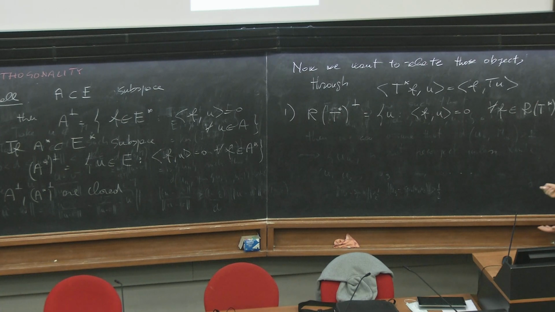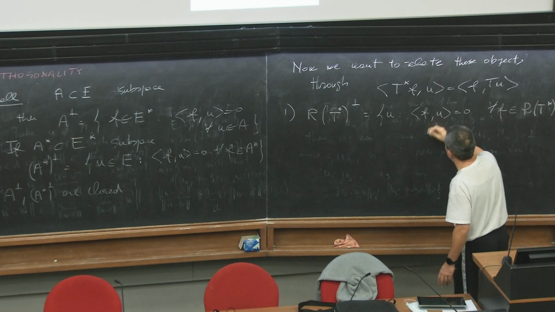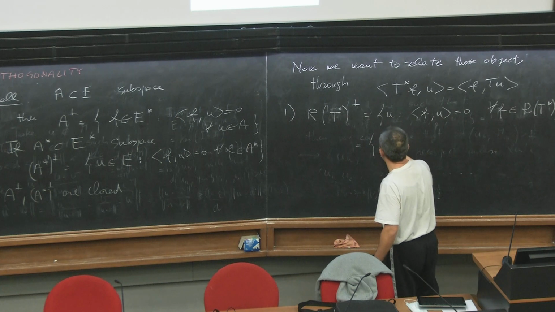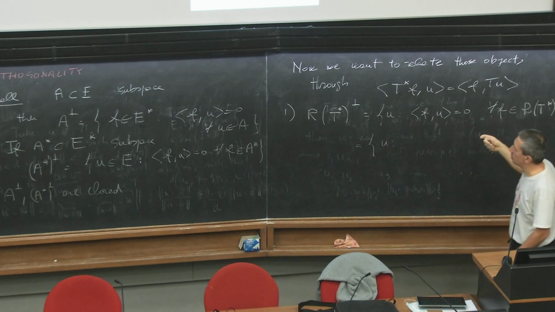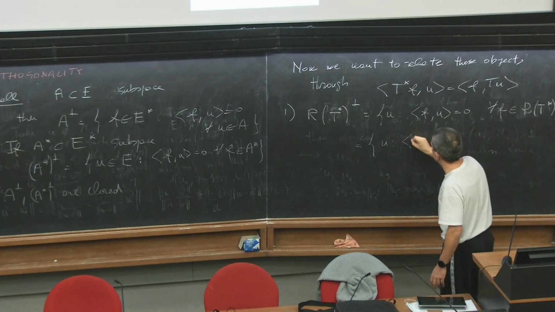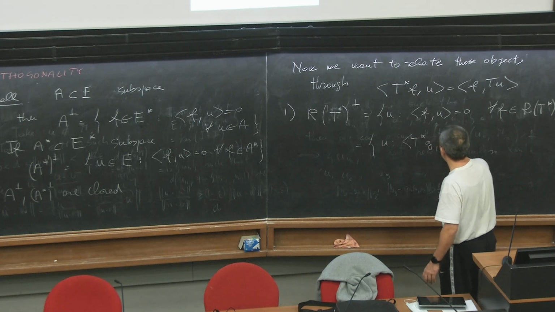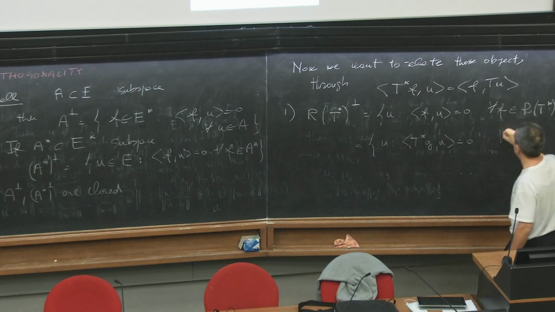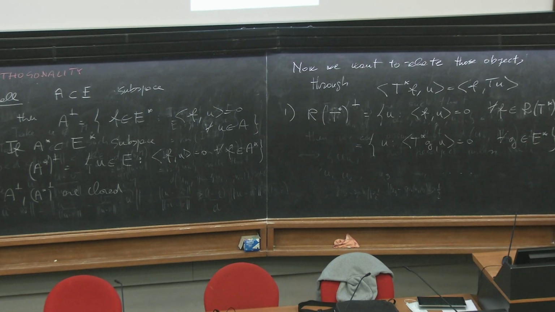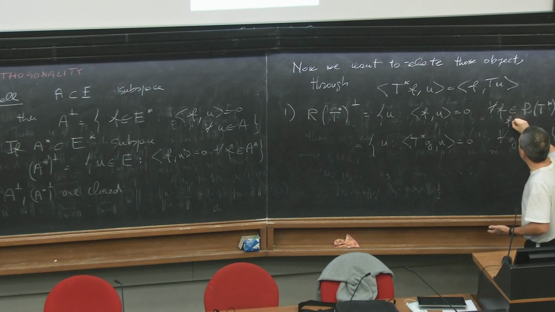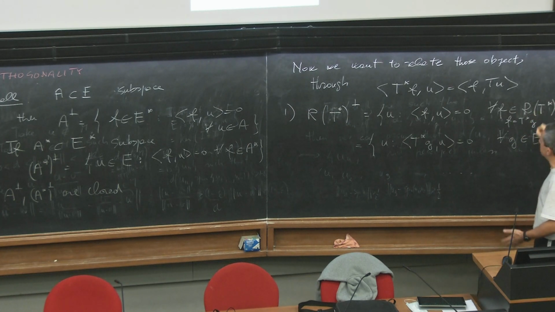But then it means that F is the image of some G. So I'll use that T star G U is equal to 0 for all G in E star, because by definition, if F is in the range, F is equal to T star G. But now this is equal to that guy.